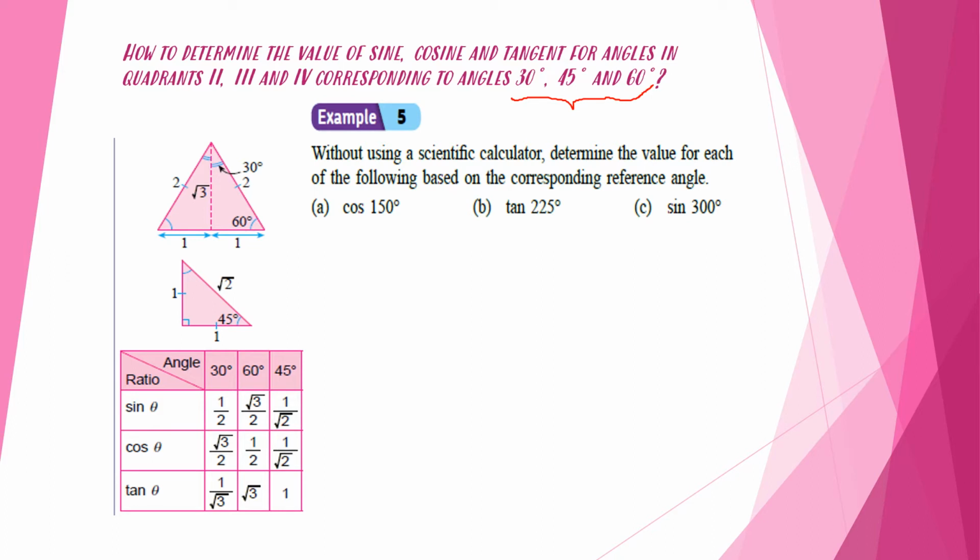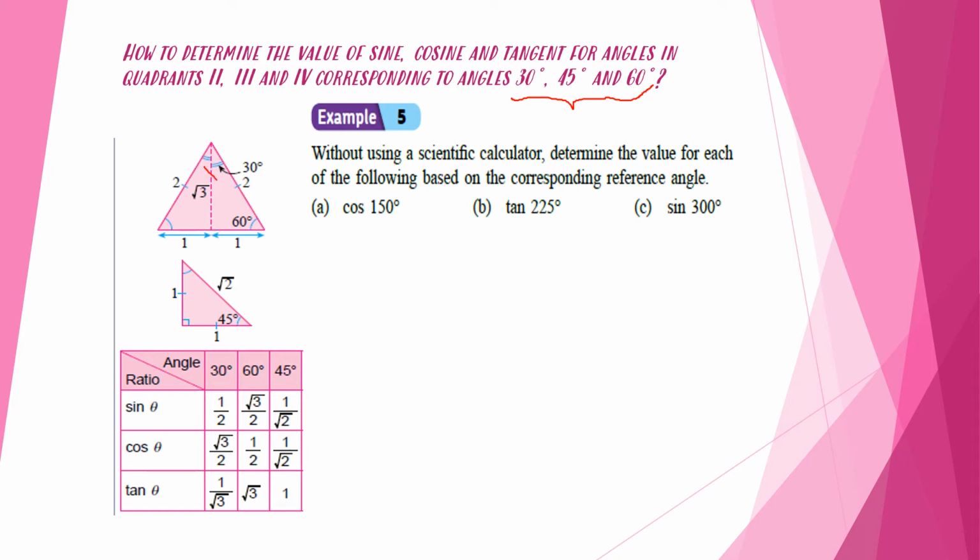Why? From the triangle given, the triangle is made up of 60 degrees, and this one also 60 degrees.